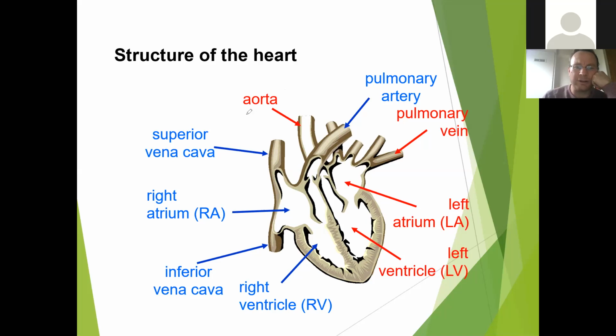So looking on this picture, so it's the blood vessel. So I'm going to draw it in. Okay, so blood from my head and my arms is coming here. Blood from my body is coming here. So where it collects is here. RA. What does RA stand for?